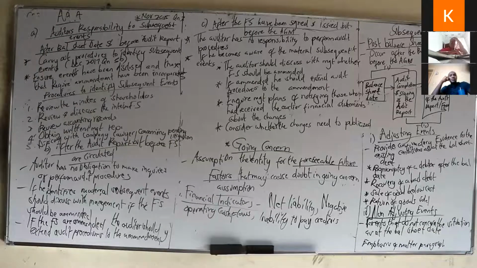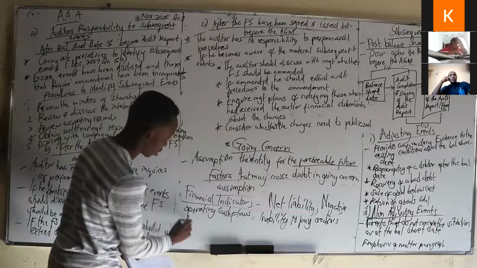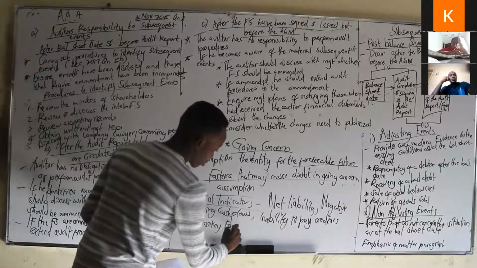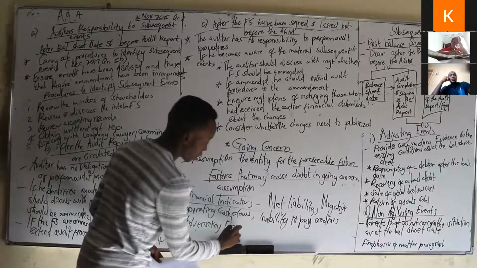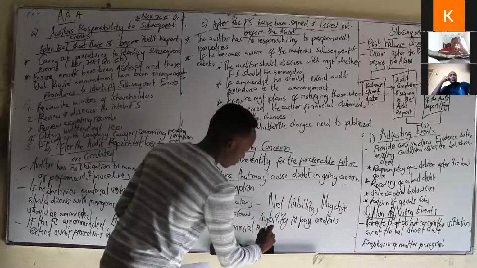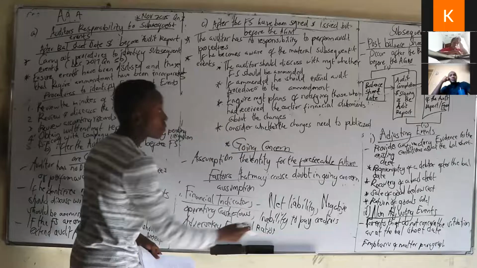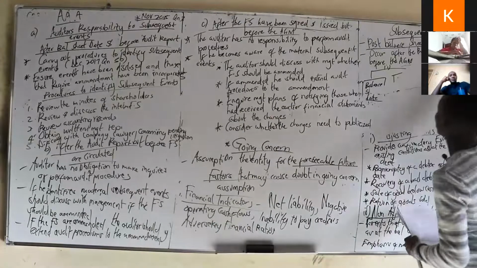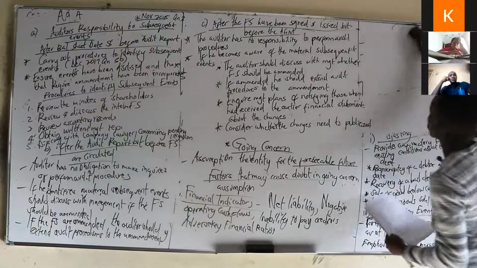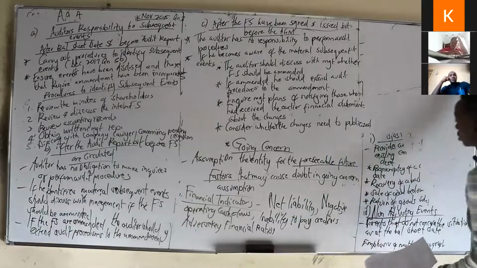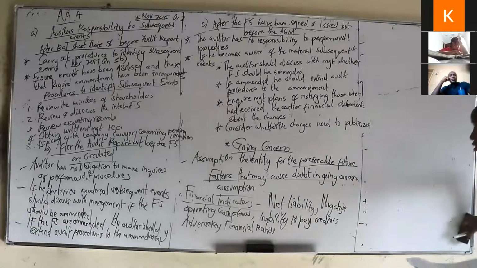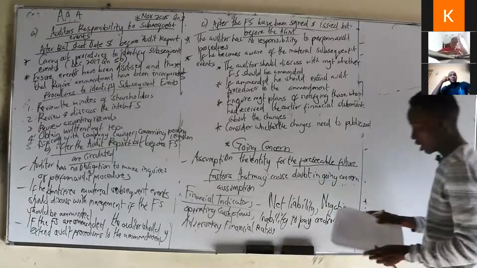And also in the case of adverse key financial ratios: if the auditor assesses this financial aspect, for example, the current ratio, or sees that the gearing ratio is too high in terms of the debts that the company has borrowed, then it raises the going concern problem. So that is on the basis of the financial indicators.